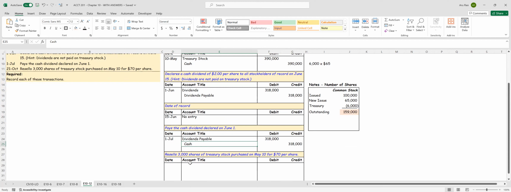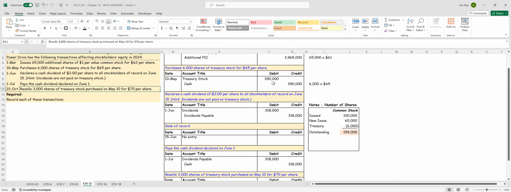Next, I'm told that on October 21st, of these 6,000 shares that I had bought, I sold half of them, 3,000. I sold them for $70 per share. I had bought them back at $65 per share.